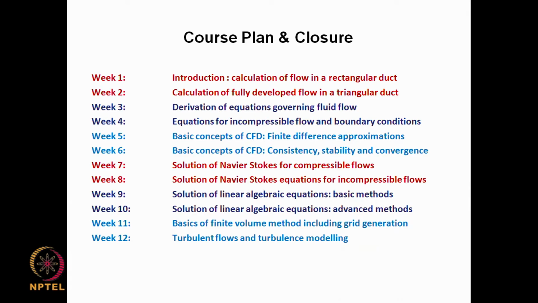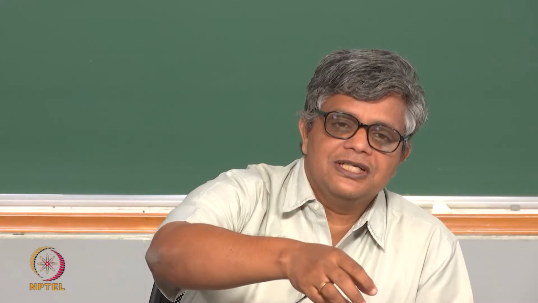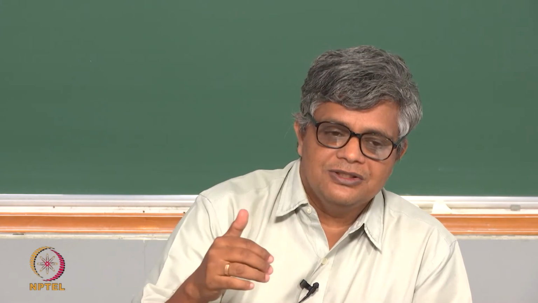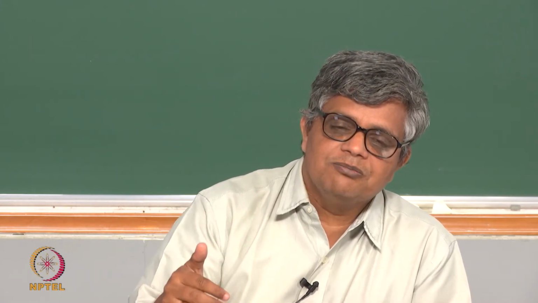Then in the second week of that fourth module we looked at the specialized methods developed for incompressible flows, where the linkage between the continuity equation and the momentum equations is broken because density is not varying. That means the possibility of evaluating pressure through the density evaluated from the continuity equation is no longer there.